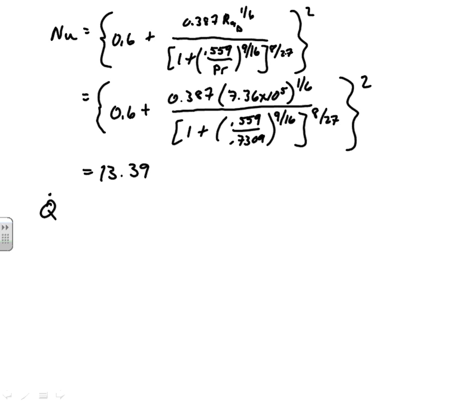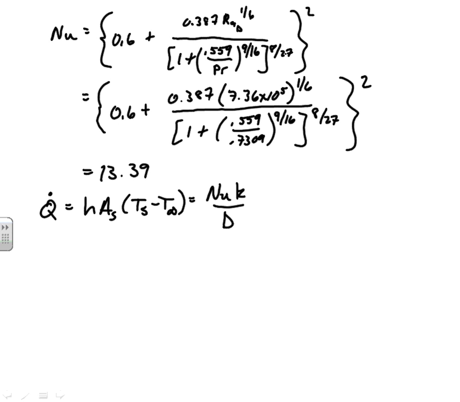So now I'm still trying to find my heat transfer rate, Q dot. That is just going to be governed by Newton's law of cooling because this is convection. So that's h times the surface area times the temperature difference. I can rewrite h as the Nusselt number times k divided by D. I can rewrite the surface area.